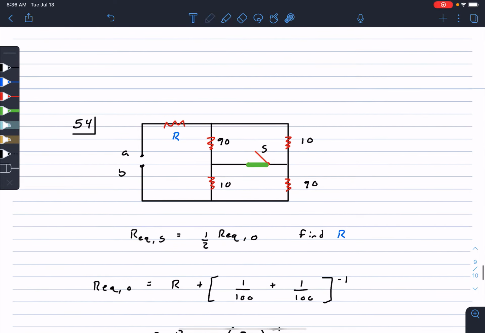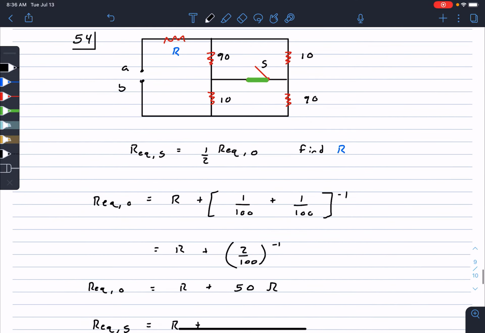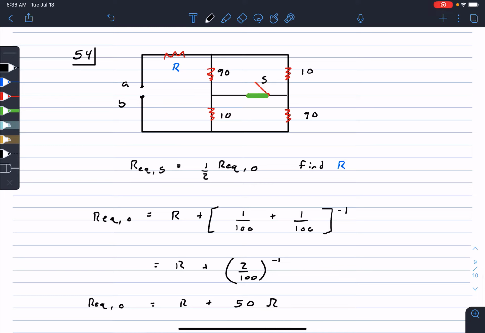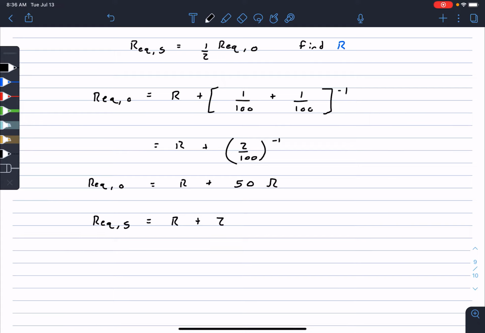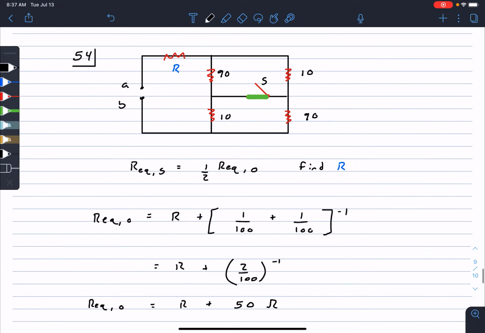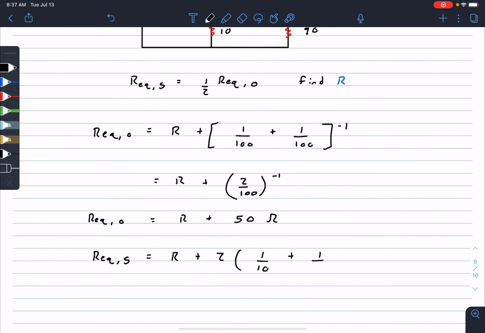R sitting over here. R plus, and then we're actually going to have two of these, because we have these two things in parallel, and then these two things are in parallel. So that's actually going to give us a factor of 2 times 1 over 10 plus 1 over 90, inverse.